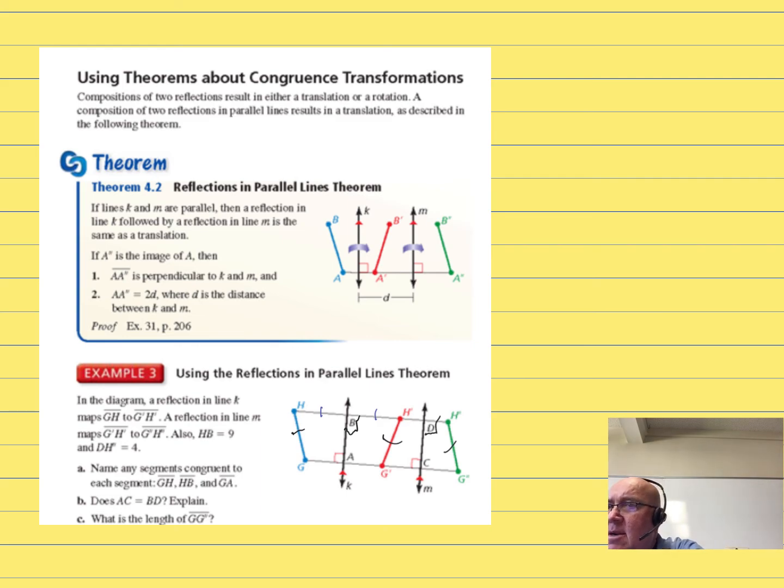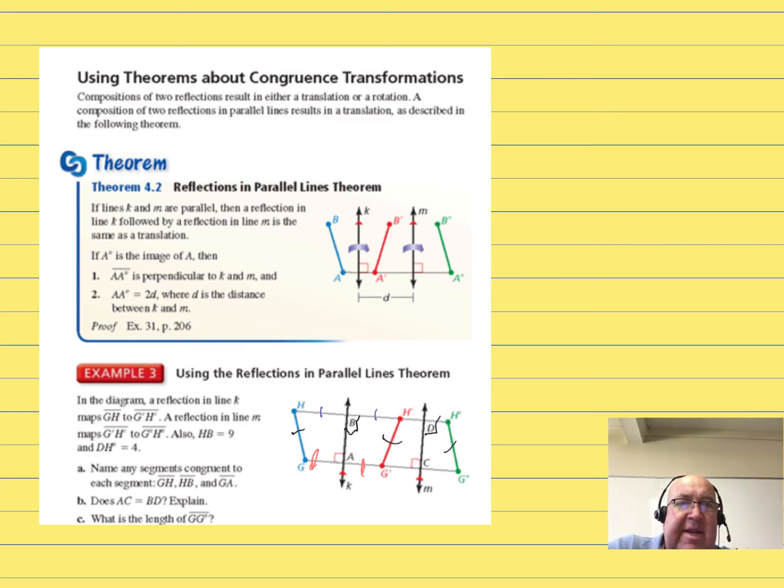Alright. So HB is congruent to H prime B. Alright, what about GA? So GA, let me get another color here. GA is congruent to G prime A. So we know that all of those are true.